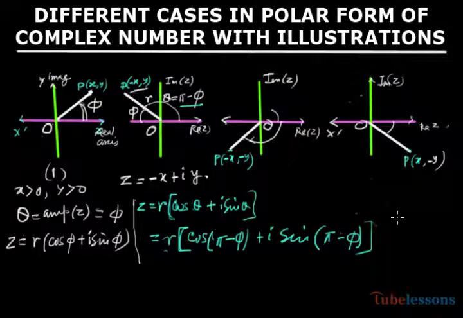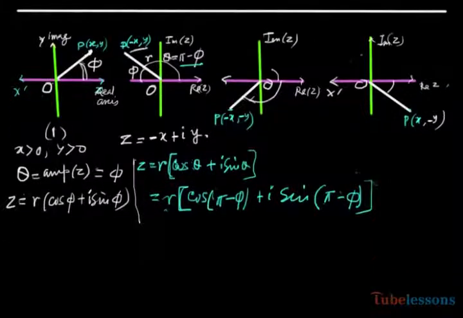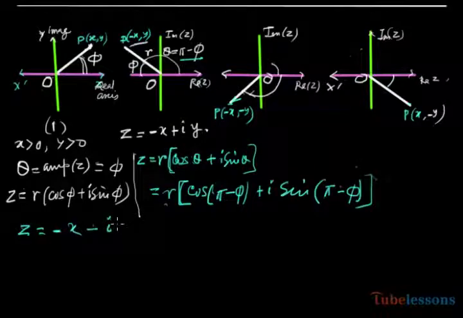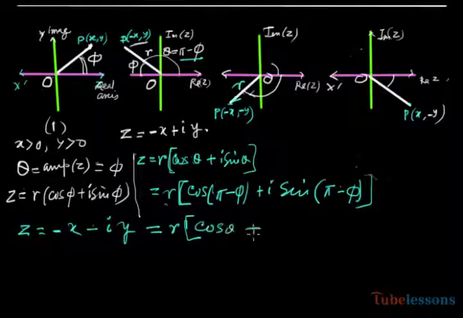Now we'll go to the third one. Here the point is in the third quadrant, so Z is equal to minus x minus iy. In its polar form, the modulus is r (cos theta plus i sin theta), where theta is the amplitude.